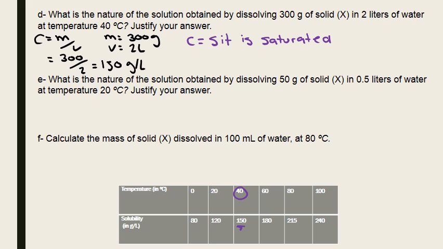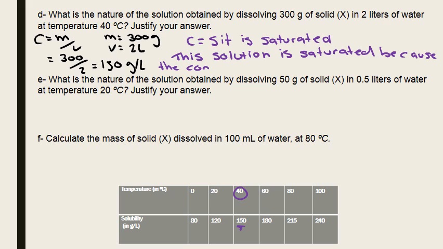So this solution is saturated because the concentration equals solubility.